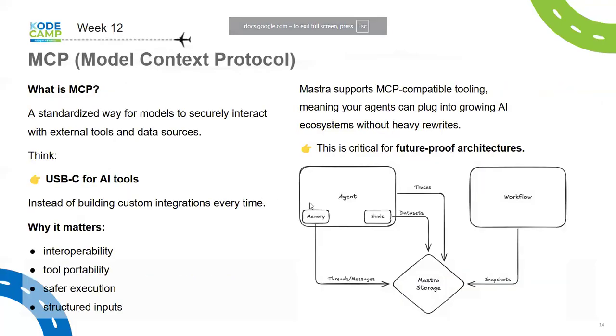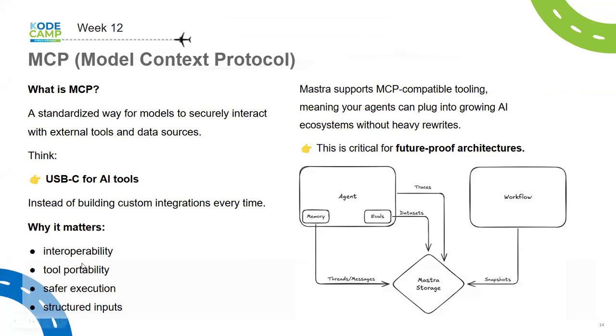Now, we already know what Model Context Protocol is, so I'm not going to dwell on this. This is just a standard way for large language models and other AI models to interact with external tools and data sources. I think we did an extensive class on this already, and even another exposition on it.